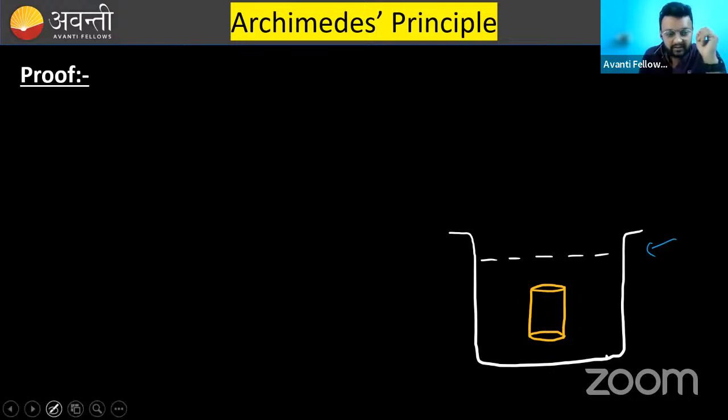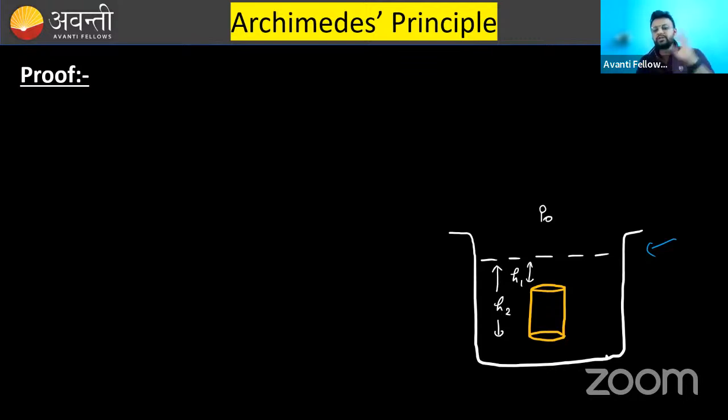Consider the atmospheric pressure is P naught, and the top surface of the solid is at a depth h1 from the liquid surface and the bottom surface of the solid is at a depth h2. I think the situation is clear.